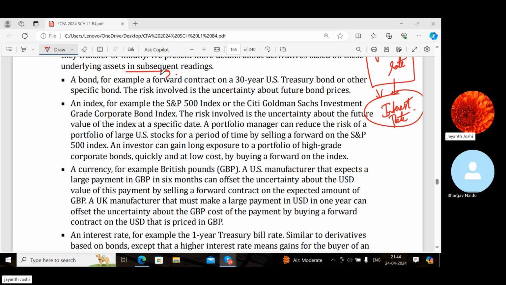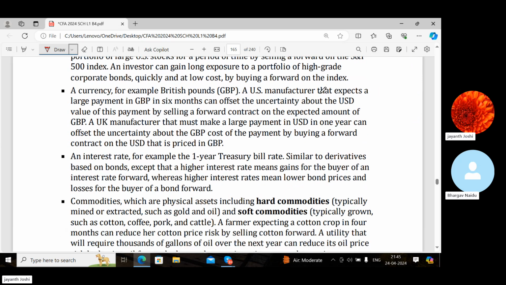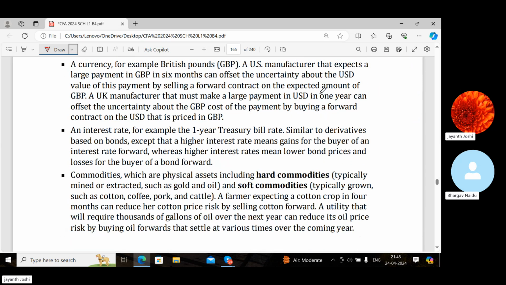A bond, for example, a forward contract on a 30-year US Treasury bond or other specific bond. Risk involved is the uncertainty about the future bond prices. Everyone knows this. You can also make contracts to buy index stocks, and you can also make contracts to buy foreign currency. In all this, you are fixing the price today itself so that the risk is minimized.